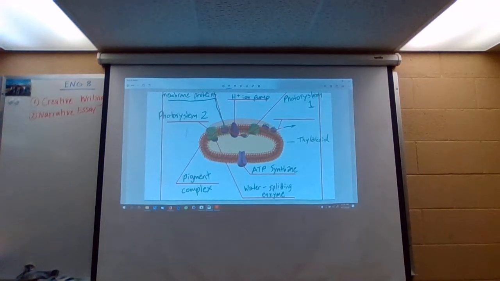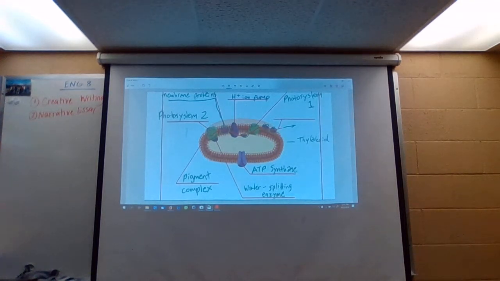And we'll get into what happens where. I want you to know all these different parts. And then lastly, we got the red line, right? The red line starts way over here, travels, and then off into the stroma.